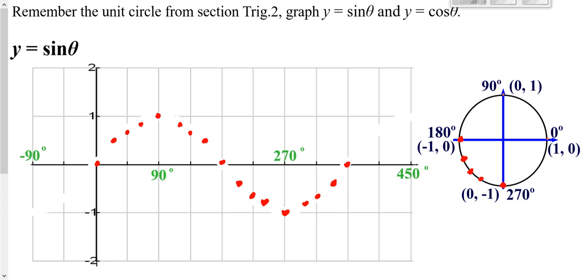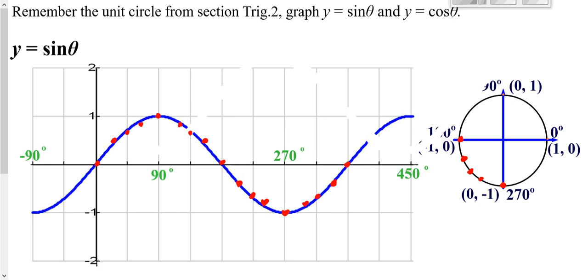When we look at this, what we have here, if I move this out of the way, is the sketch of our sine graph, and it really does continue on forever in each direction. You need to make sure you're familiar with this and are able to draw a sine graph.